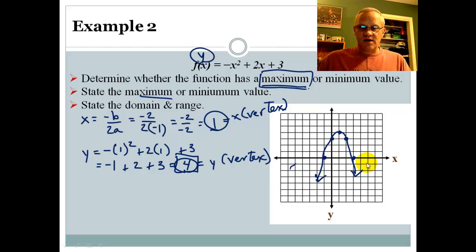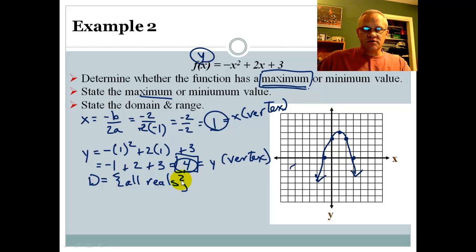Now the point wasn't to graph this one, but the point is now to talk about the domain and the range. Okay, the one key thing to remember here is this. The domain for any of these quadratic functions will always be all reals.